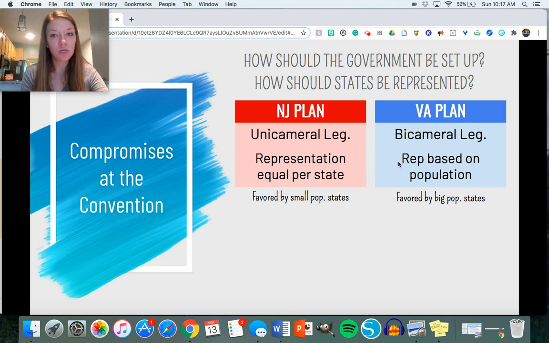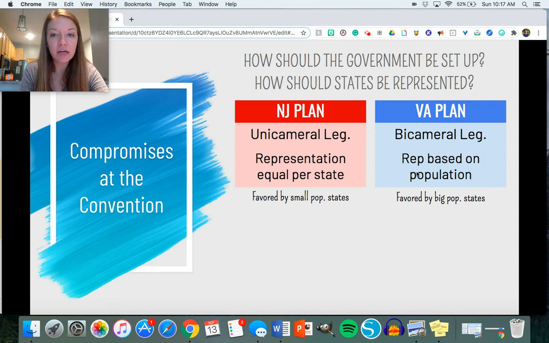We want representation based on population. So the more people you have in your state, the more representatives you should have. And of course, this is going to be favored by our big states because they have more people, they want more power, they feel as though they should be represented.